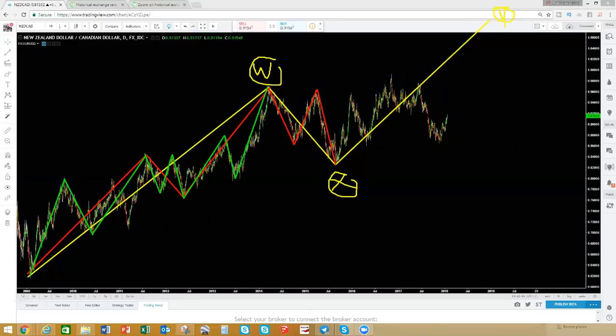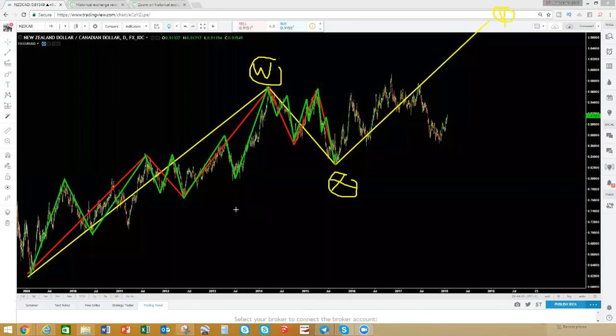Okay, so if you had to continue with the green degree, that means what you would have here is also 1, 2, 3, because every string in the red degree would have 3 waves. So you can see there, every string in the red degree will have 3 waves. Okay, so that's what we have here on this side.